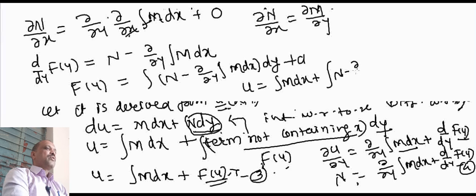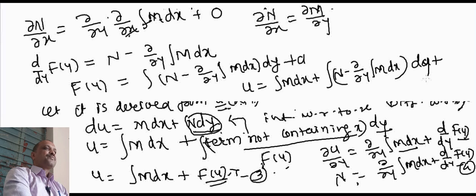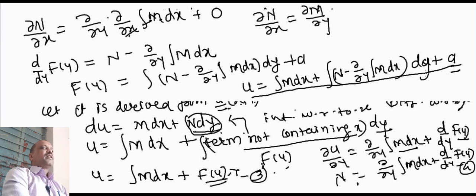Let us put the value of F of y. This is the function from which we have obtained our exact differential equation m dx plus n dy equal to 0.